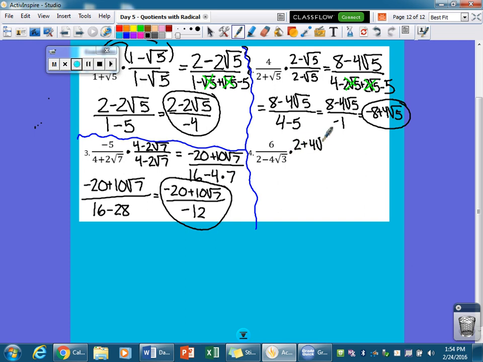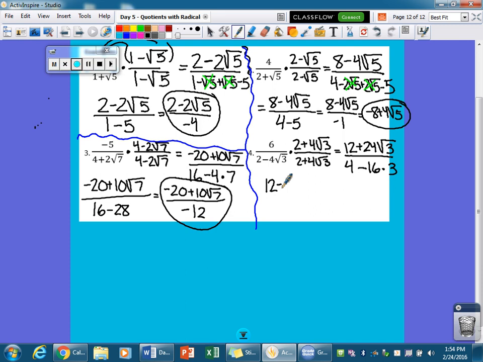2 plus 4 square root of 3 over 2 plus 4 square root of 3. I get 12 plus 24 square root of 3 all over. Again, I'm just distributing that 6. 2 times 2 is 4 minus 4 times 4 is 16, and then I still have that 3.